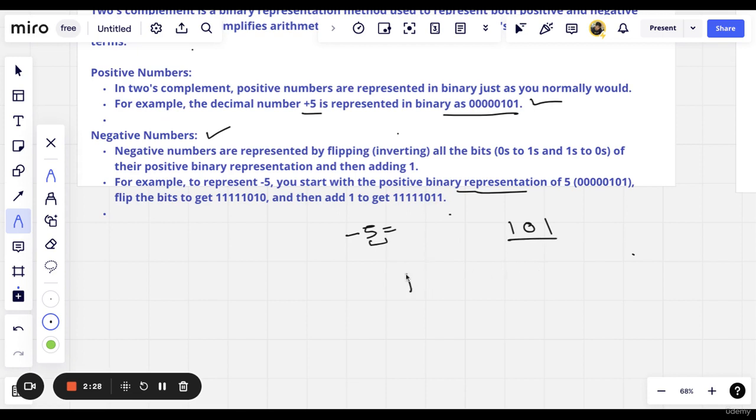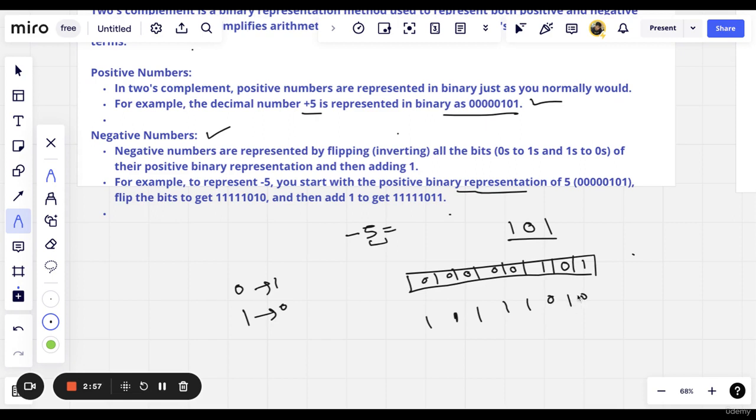In 8-bit form, we have a register of 8 bits: 1, 2, 3, 4, 5, 6, 7, and 8. So write 101, and fill the rest of the register with 0 bits. Now you flip the bits, so wherever we have 0, it becomes 1, and wherever we have 1, it becomes 0. So 0 becomes 1, 1 becomes 0, and we get 1, 1, 1, 1, 1, 0, 1, 0.